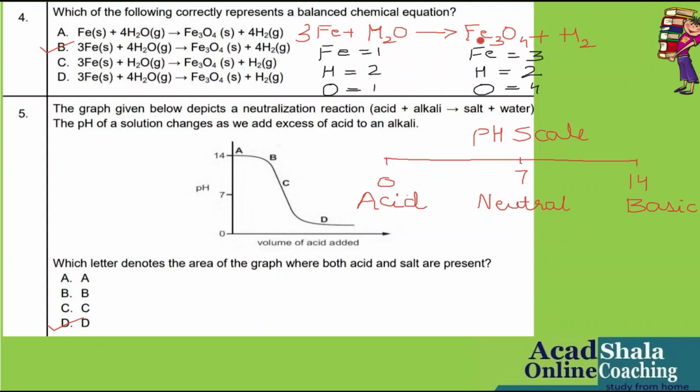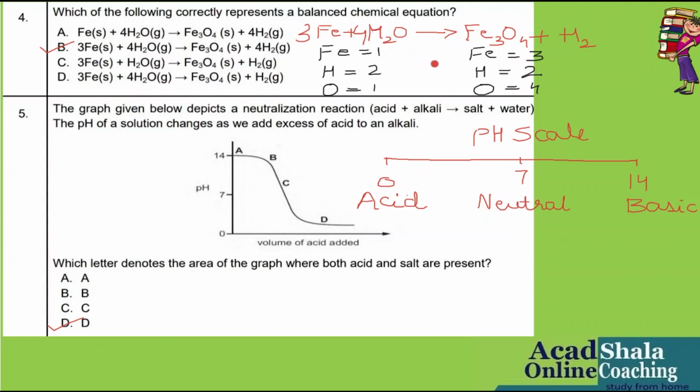is not balanced. Oxygen is having 4 over here, but on the left hand side, oxygen is having 1. What should I do to make this oxygen 4? I will use the hit and trial method. I will put 4 over here for the time being to check the balancing of the oxygen.